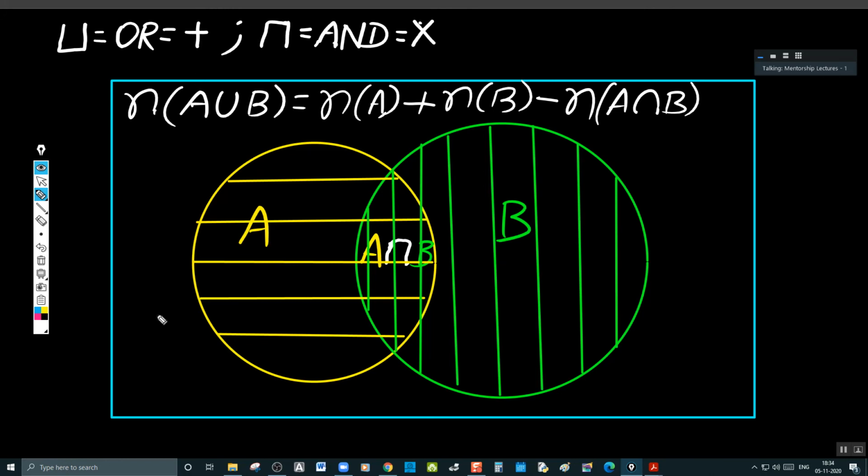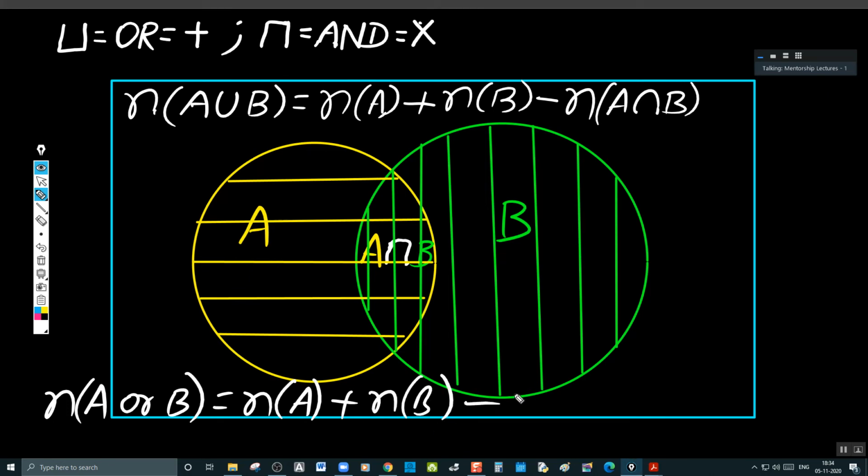In the problems, you will be getting N of A or B. N of A or B is equal to N of A plus N of B minus N of A and B. That means that symbol I converted verbally. That's it.